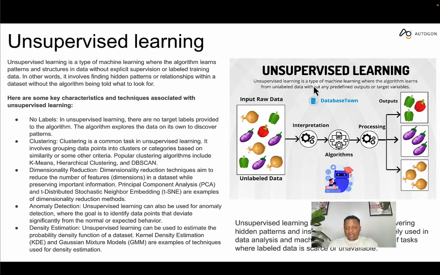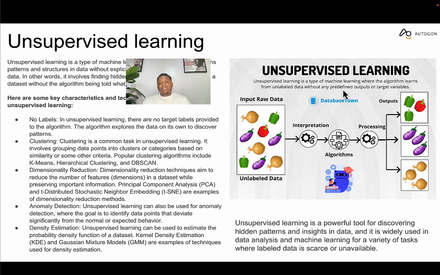So unsupervised learning is a type of machine learning where the algorithm learns from unlabeled data without any predefined target variable. Okay, and yes, it's actually a very powerful tool for discovering hidden patterns and insight in data. And it is widely used in data analysis and machine learning for a variety of tasks where labeled data is scarce or unavailable. So there are so many applications, either in the finance space or in the insurance space, like for transaction monitoring.